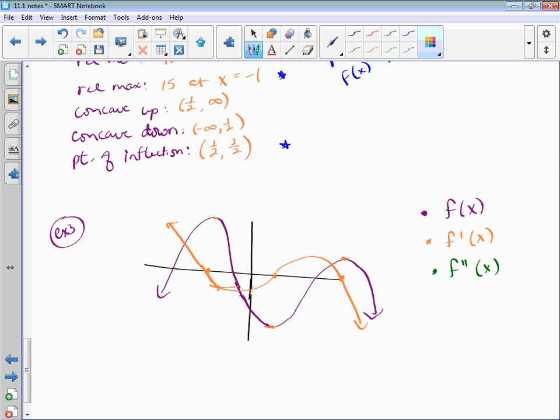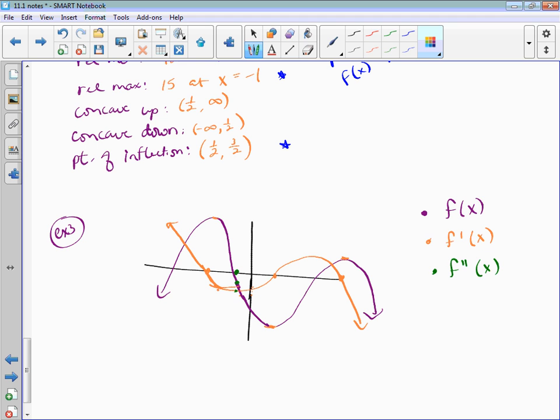Then the green would be our first derivative. Okay, so let's look. Do you see that I've got a minimum sort of right there on my orange graph? Doesn't that look like it lines up pretty well with where the purple graph changes from concave down to concave up? That means that's a 0 of my second derivative.